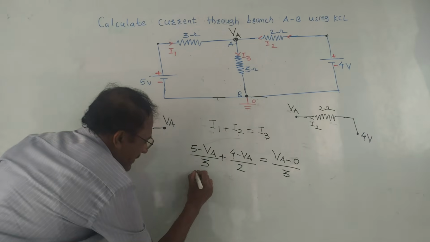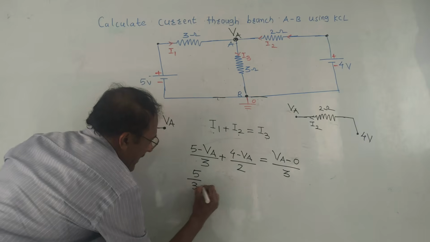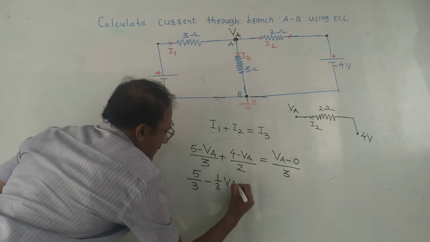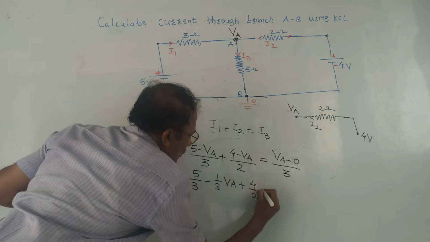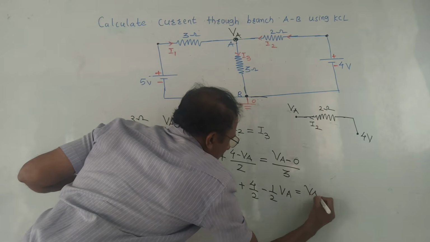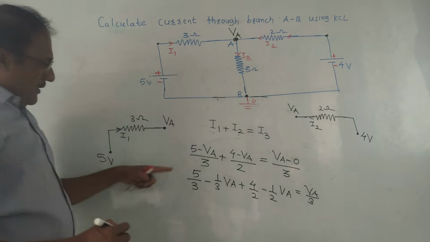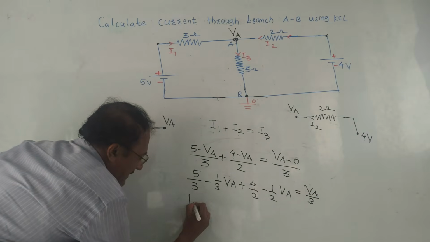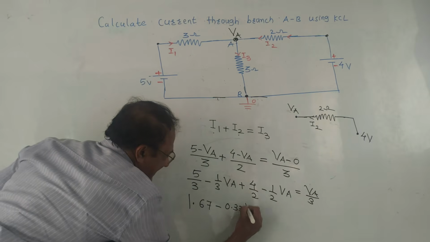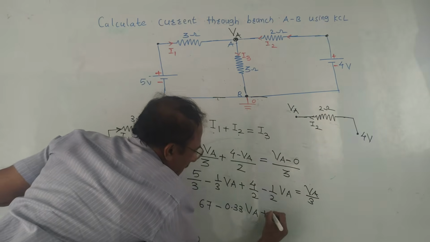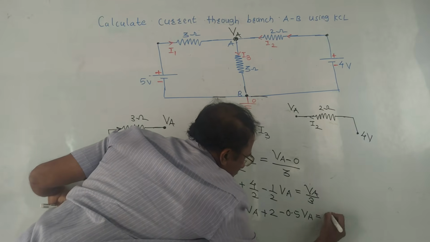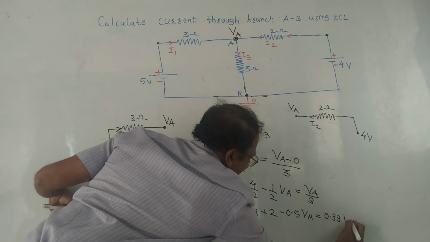I just have to simplify the equation like this: 5 by 3 minus 1 by 3 VA plus 4 by 2 minus 1 by 2 VA is equal to VA by 3. Now 5 by 3 is 1.67, minus 0.33 VA, plus 4 by 2 is 2, minus 0.5 VA is equal to 0.33 VA.